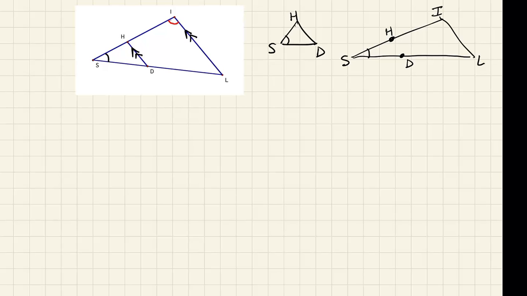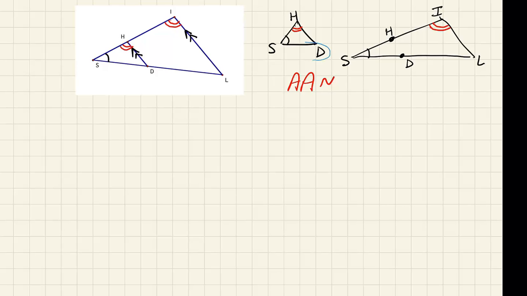And the key is if the segment HD is parallel to IL, then by corresponding angles, these angles are congruent. So in the big triangle, angle I is congruent to angle H in the small triangle. And then we have angle-angle similarity. And if we have angle-angle similarity, then the corresponding sides are proportional.